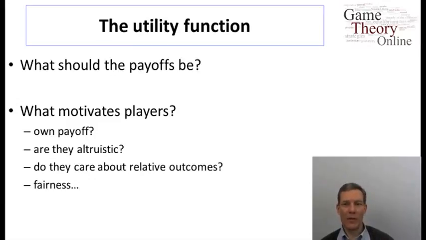Do they care about fairness? Do they care that they get as much as somebody else does in the game, or they're as successful as somebody else? All of these kinds of things can enter into people's considerations in terms of how they evaluate actions. To the extent that these things do, we want to make sure that we've represented those properly in the payoff function, and that the payoff function is capturing exactly what is motivating the players in terms of choosing their actions.